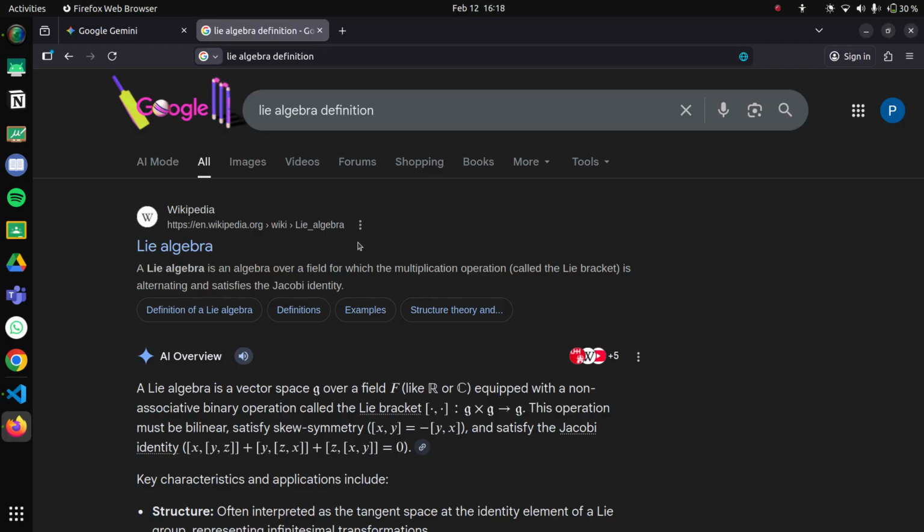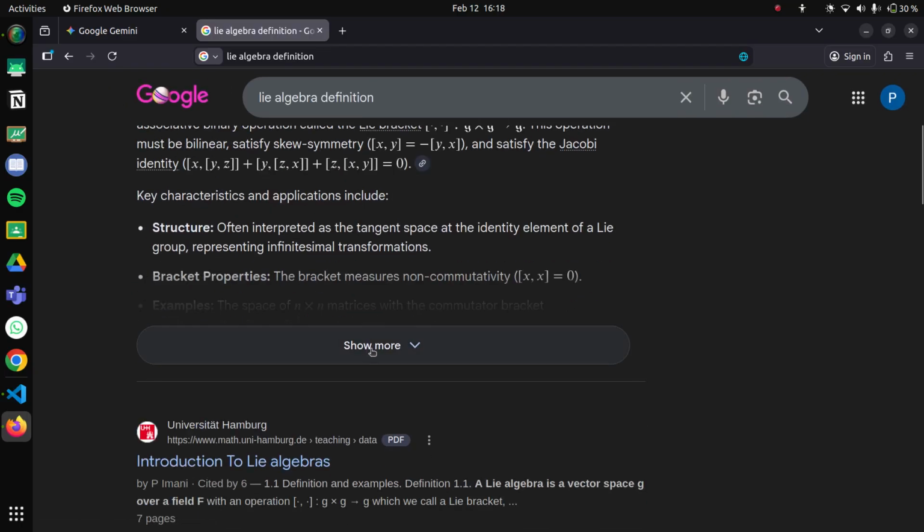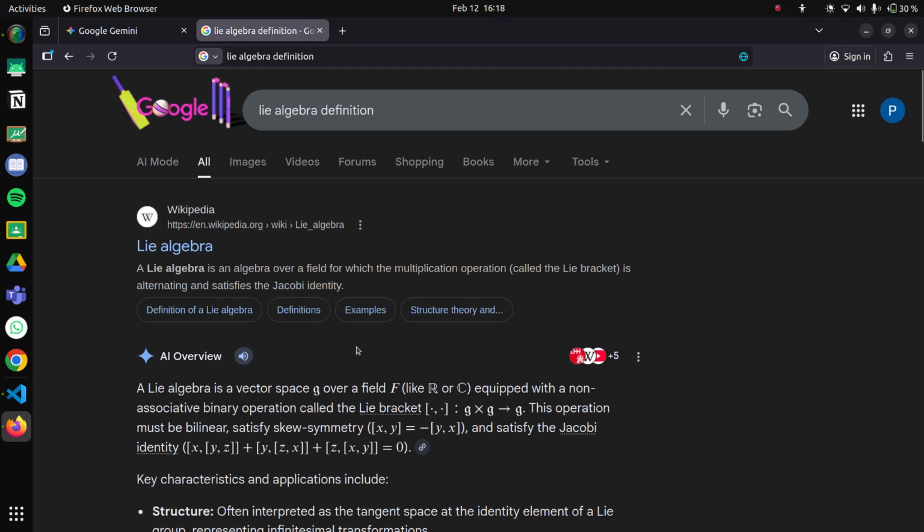So our case does that, right? And satisfy the Jacobi identity, which is once again a kind of commutator does that. That's pretty much it. That's all you need to define a Lie algebra.